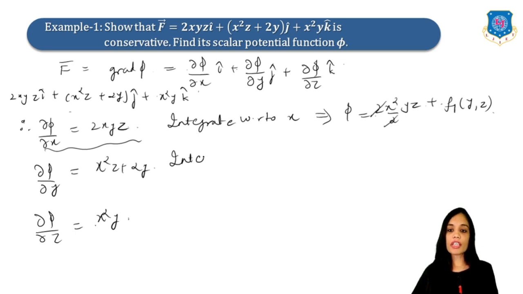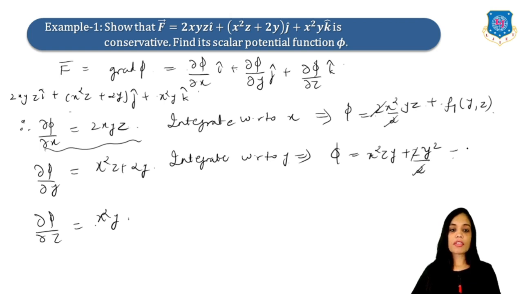Similarly, you integrate this with respect to y, keeping x and z constant. So your phi will be x square zy plus y square, where 2 and 2 get cancelled, plus f2 of x comma z.